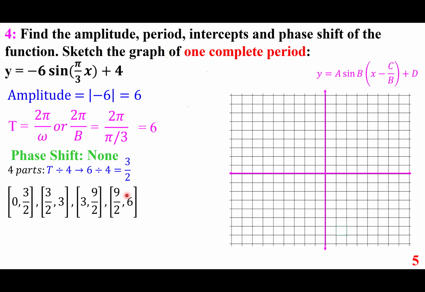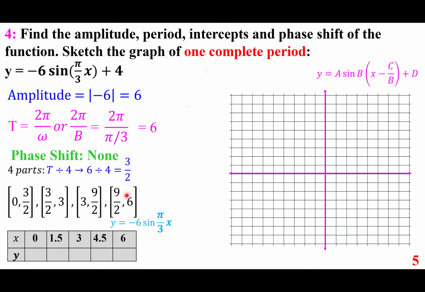So let's look at a pair here. And we are going to look at this one first, okay? So never mind this plus 4. And by the way, we are going to look at the endpoints. 0, 3 halves is the same as 1.5. 3, 9 halves is the same as 4.5, or just write 9 halves, and 6. So if we plug in 0, as you know, sine of 0 is 0, therefore minus 6 times 0 is 0.